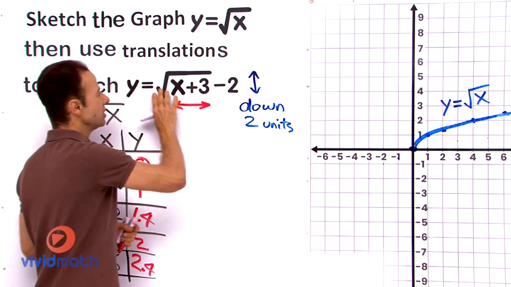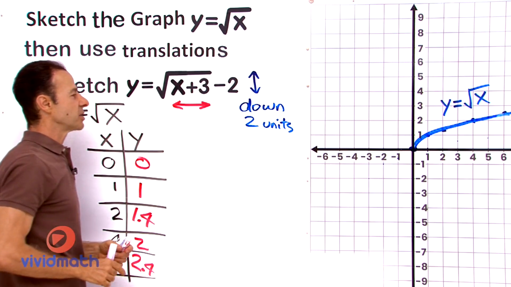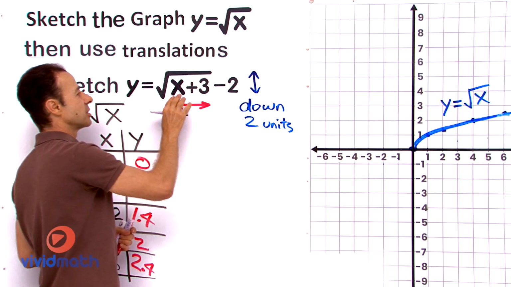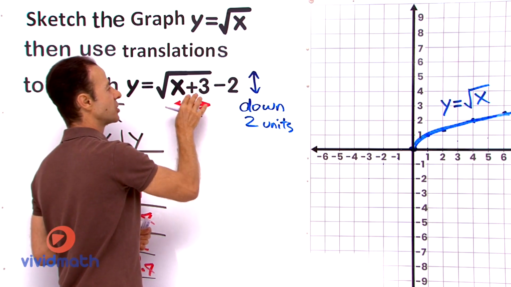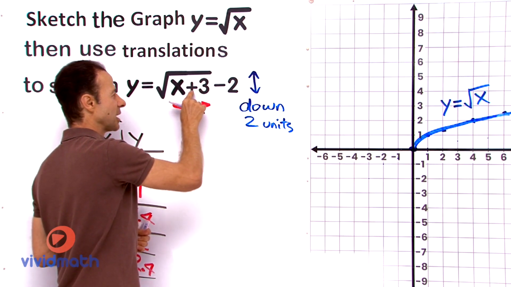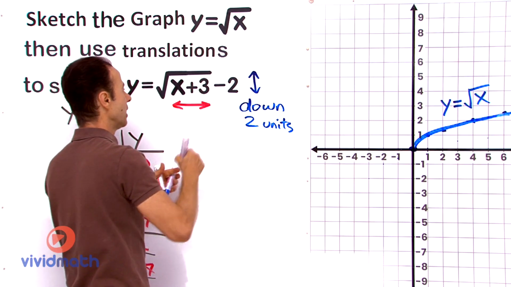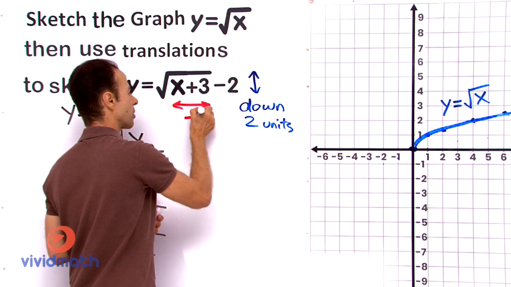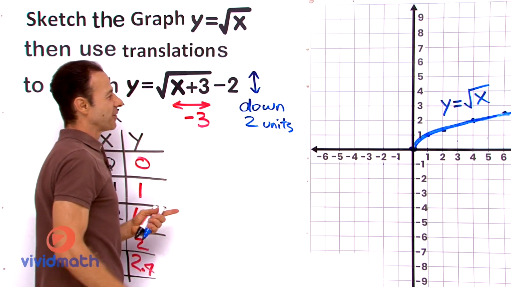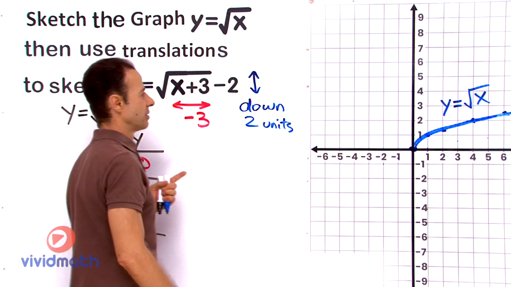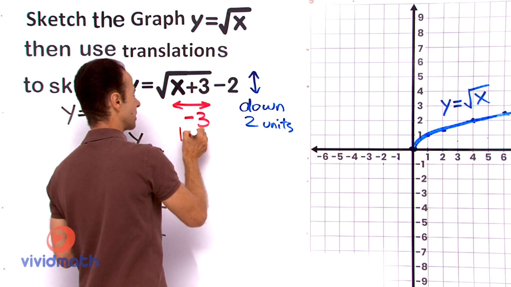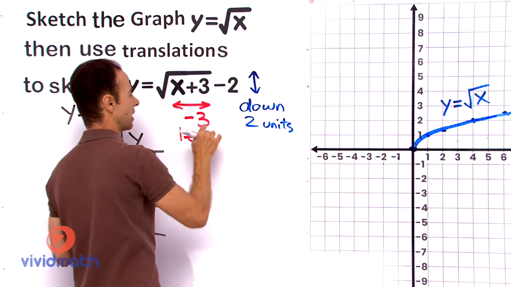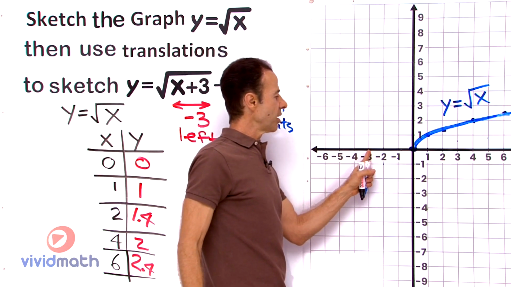And over here, inside the function, under that square root sign, we've got x plus 3, meaning that this is going to shift to the opposite. See how we got plus 3? The opposite of plus 3 is minus 3. So it's going to go to the left, to minus 3. So let's write that down. So plus means left.